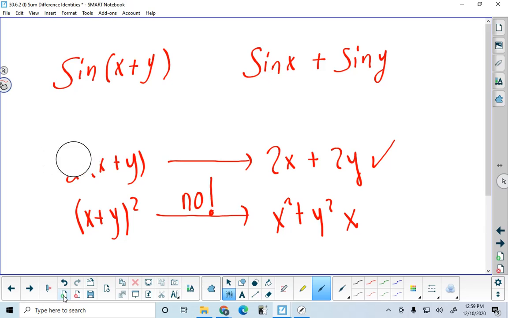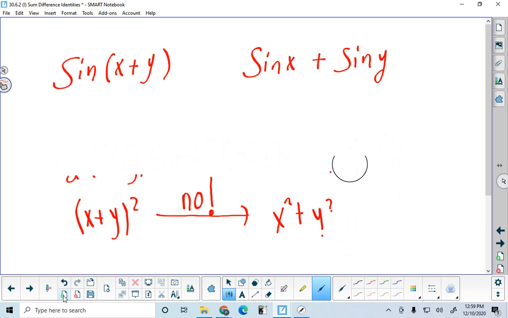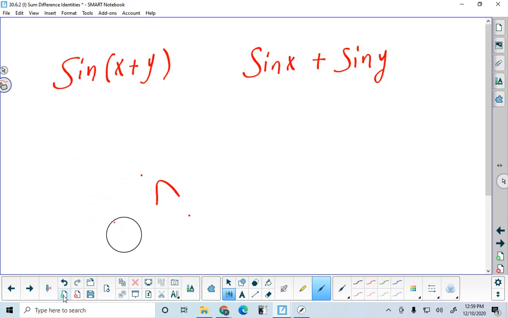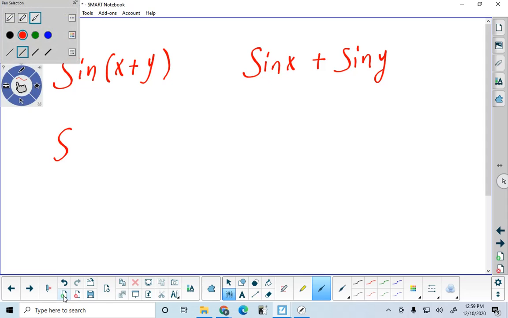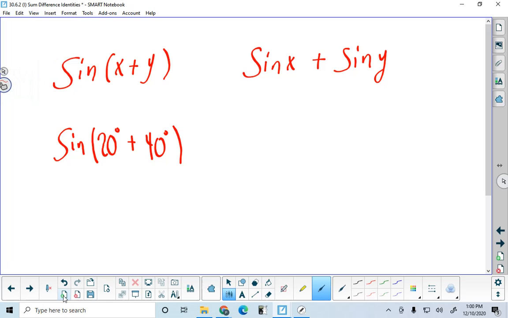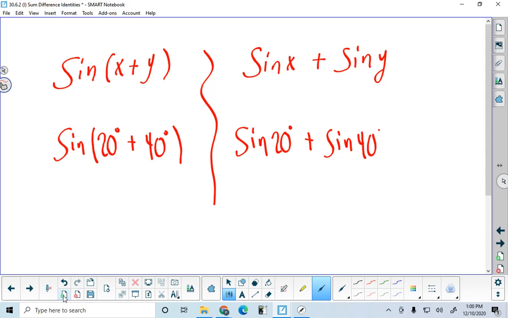So just as an example, you can take your calculator and put it in degree mode for me. If I asked you to figure out what the sine of 20 degrees plus 40 degrees is, now forget about the fact that you would just add 20 and 40 together and take the sine of 60. But if you say, well, I'm going to take sine of 20 degrees and add sine of 40 degrees, you will discover that you do not get the same thing.